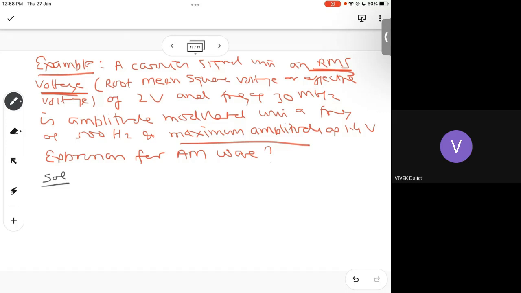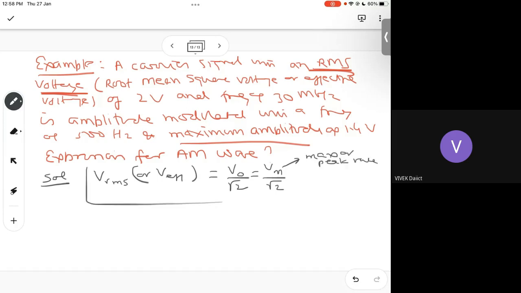Now please note that your VRMS, or what we call V effective, is equal to V naught by root 2, or Vm by root 2. That is the maximum or peak value. So that is the relation. Please remember this relation.